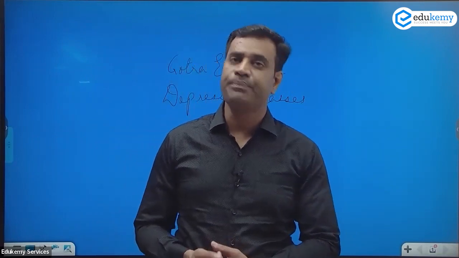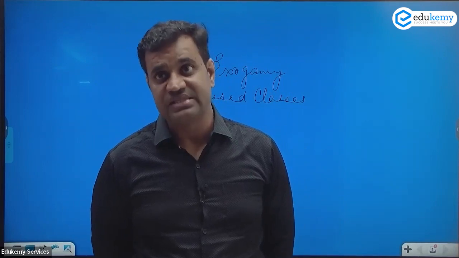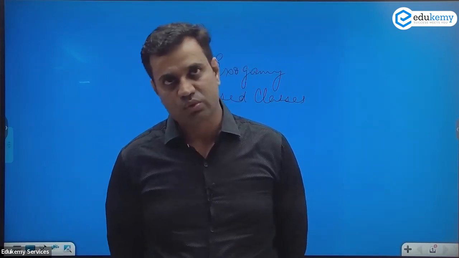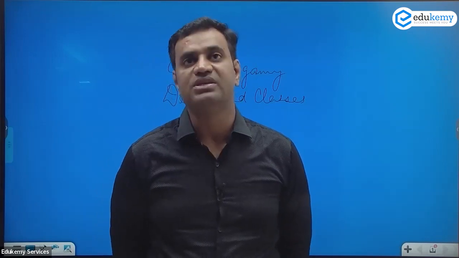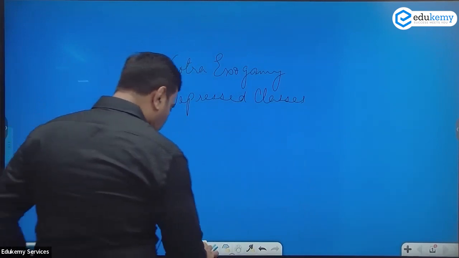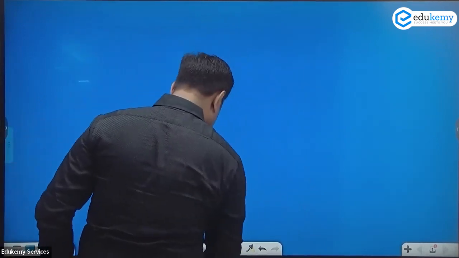At the same time, different religions like Buddhism and Jainism got established, and several schools of philosophy also got established. So you need to write all these points as salient features of Indian society.